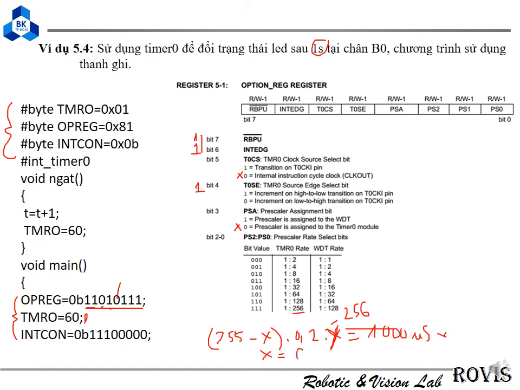Then we calculate x, which will be about 60. So we have the initial number for the timer count, which is 60.